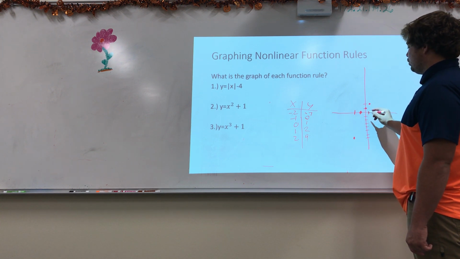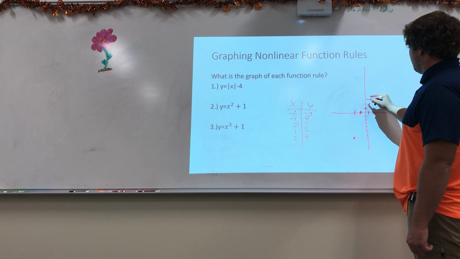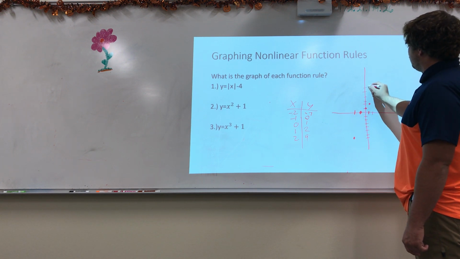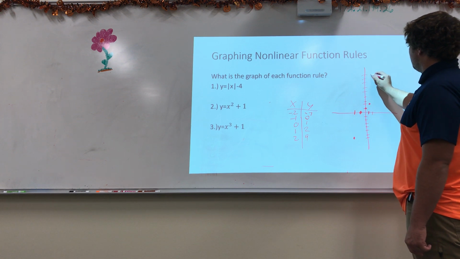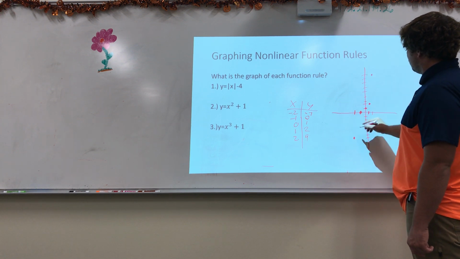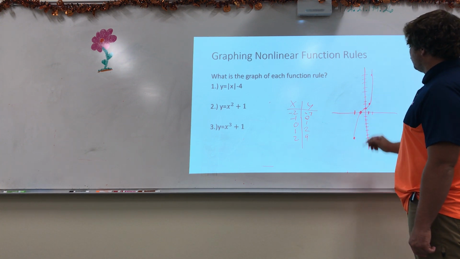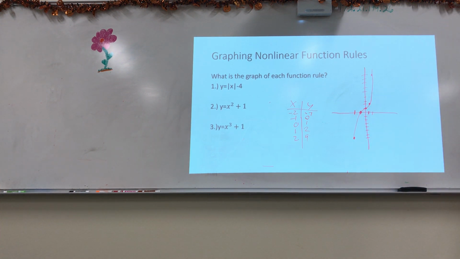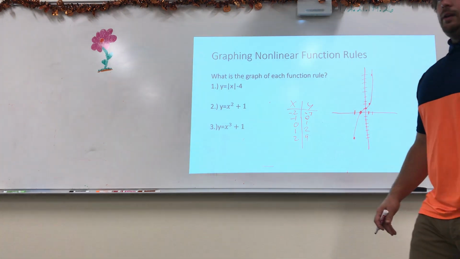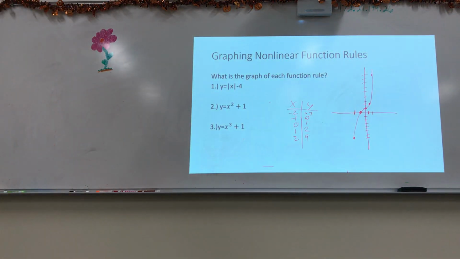At 2, it's going to be 1, 2, 3, 4, 5, 6, 7, 8, 9. So that's how you get that. Okay? That would be your last one, your last final one.